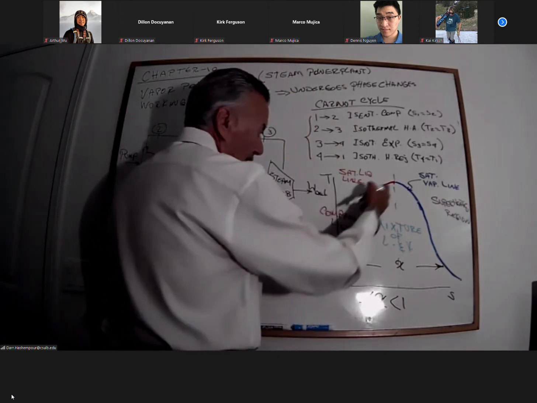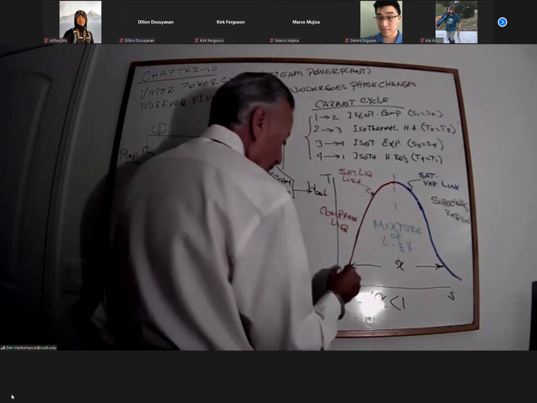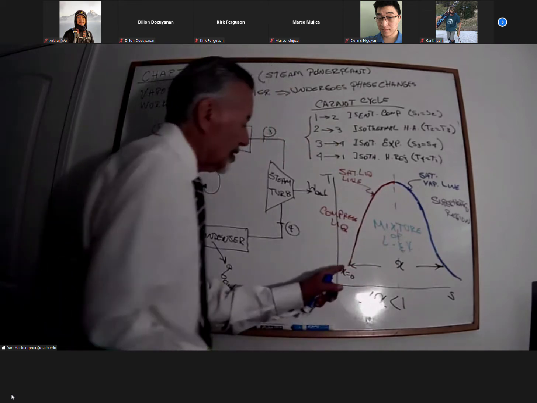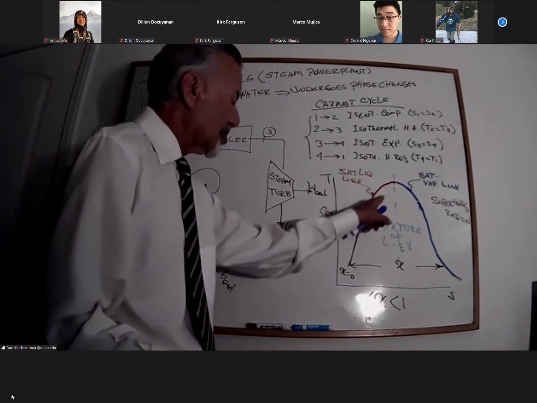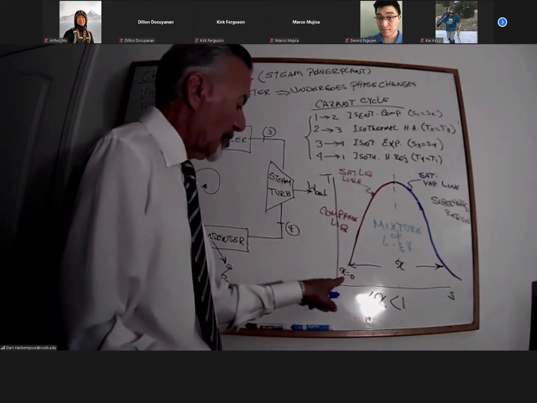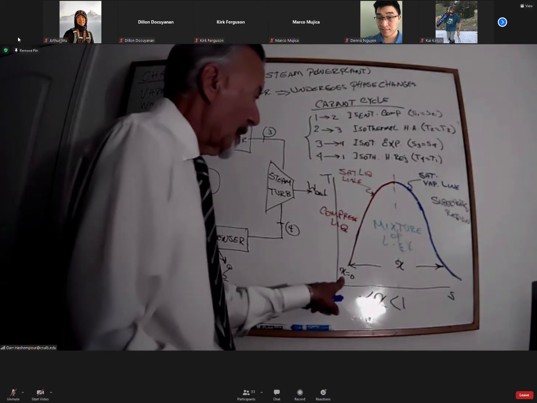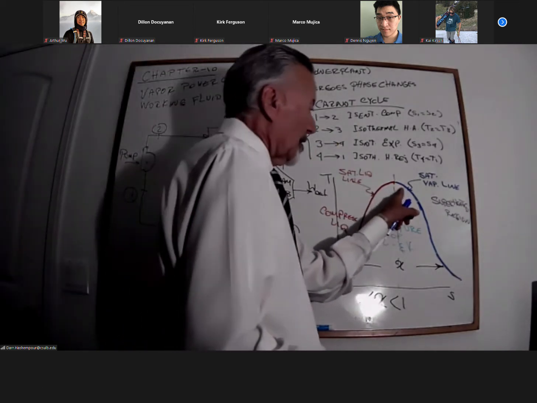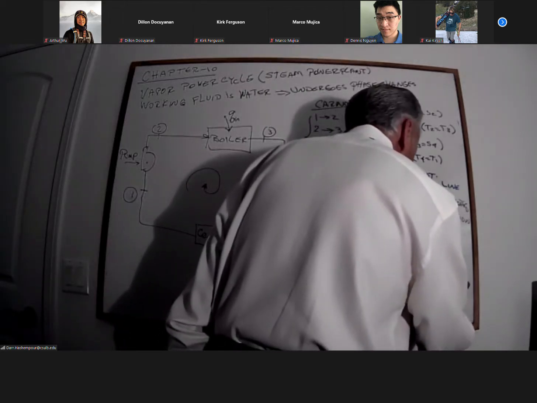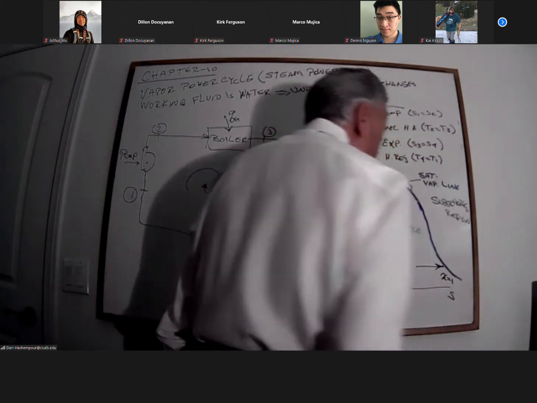Any point on this red side, the X value is equal to 0. So any point located on the saturated liquid line, the quality is 0. Any point on a saturated vapor line, the quality X is equal to 1.